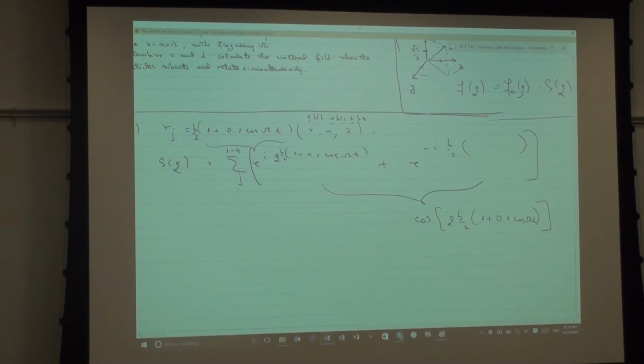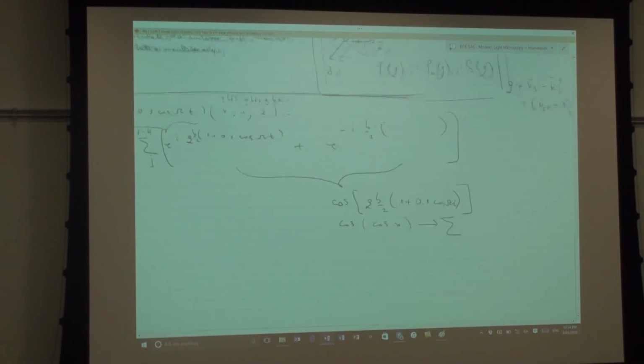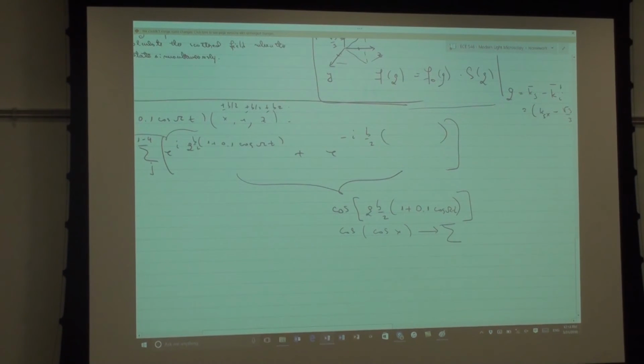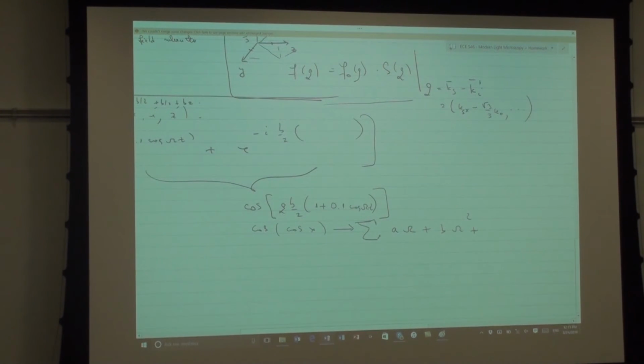But the interesting thing is, you can expand this cosine, right? So you get cosine of a cosine of something. You can expand it in Bessel functions. So it's going to give you something like A omega plus B omega squared. That's how you get harmonics.